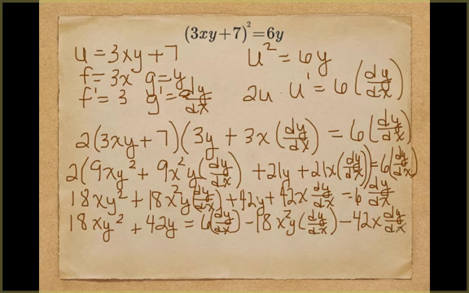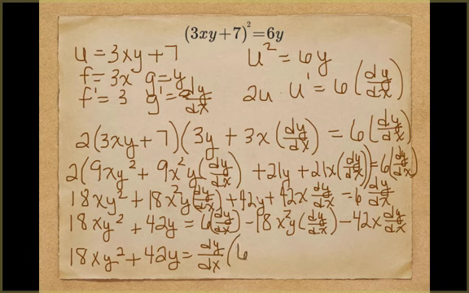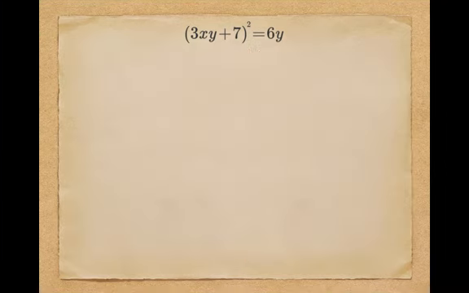Factoring out the dy/dx gives me 18x y squared plus 42y equals dy/dx times 6 minus 18x squared y minus 42x. And then, of course, the last step we'll have to divide by the 6 minus 18x squared y minus 42x.